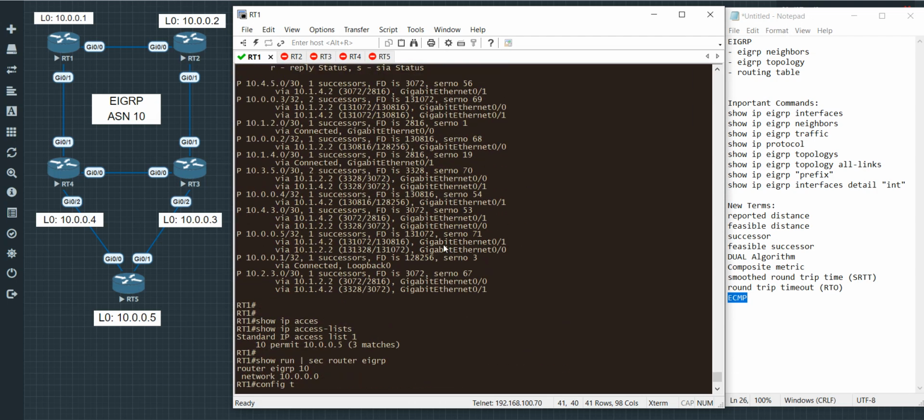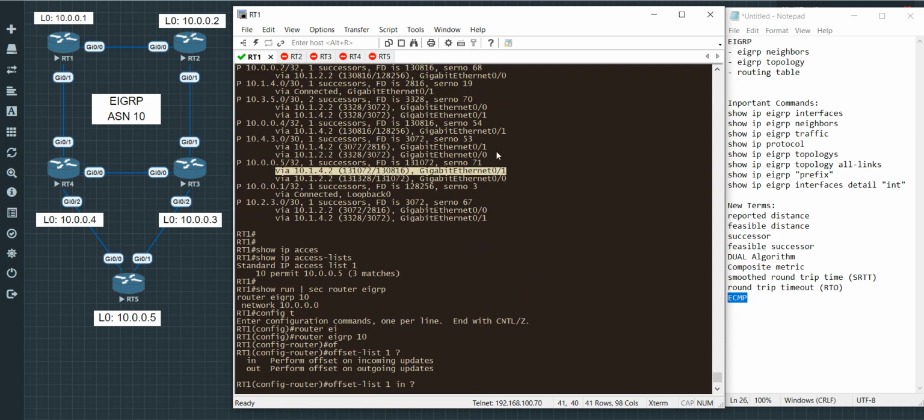Gigabit 0/1 is the current successor, so we want to influence this value by 10, and so we're going to specify this interface, gigabit 0/1.